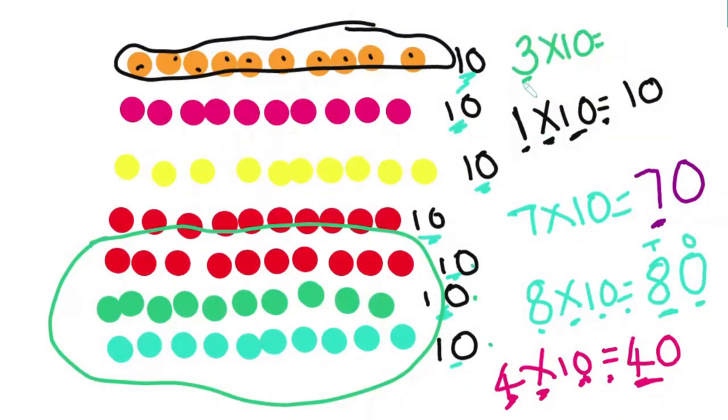We already know that there are 3 groups and there are no ones. These are our 10s and these are our ones. There's no ones, so we put our placeholder there. So 3 groups of 10 is the same as, you guessed it, 30. Fantastic.